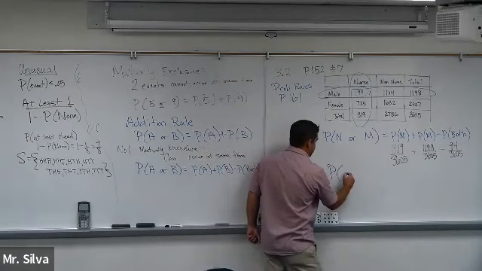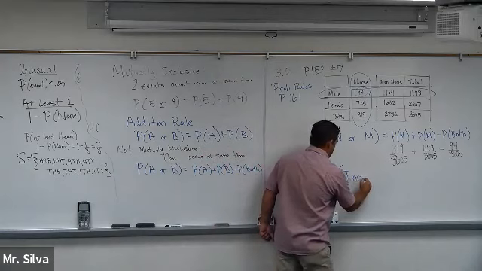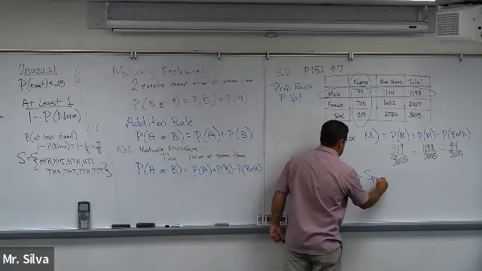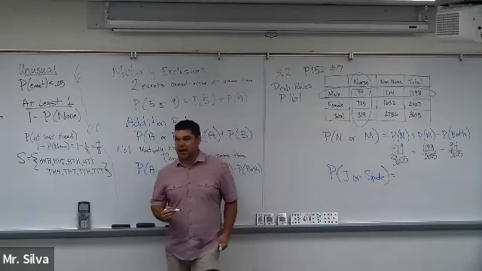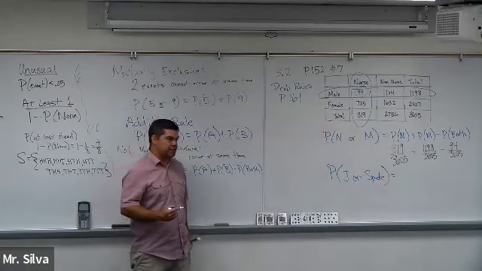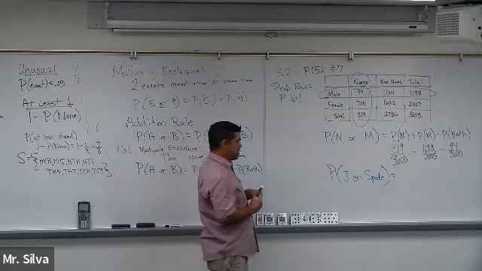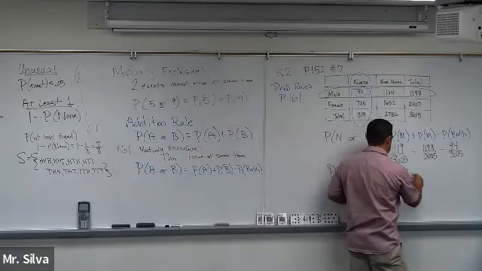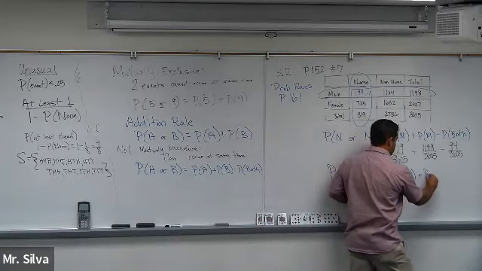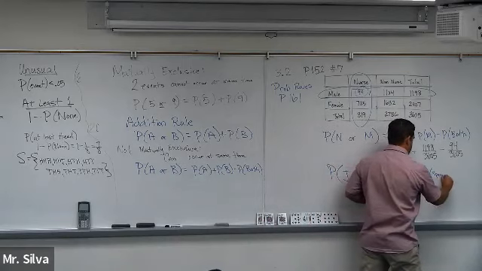Last example, probability of a jack or a spade. We did the jack and the spade, the jack of spades. Remember the jack of spades, there's one of those. I'm probably getting a jack or a spade. Well, I gotta do the same thing. Probability of jack plus probability of spade minus probability of both.